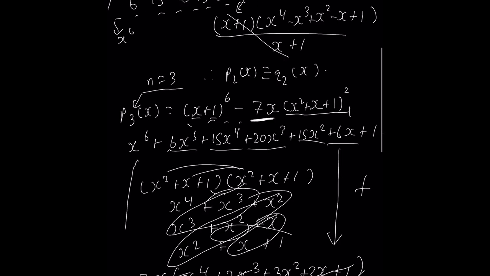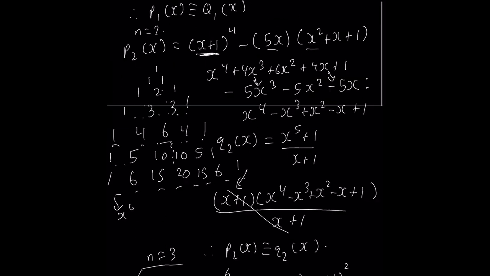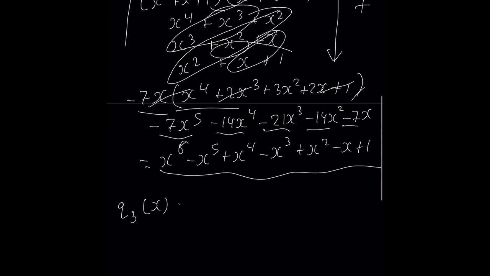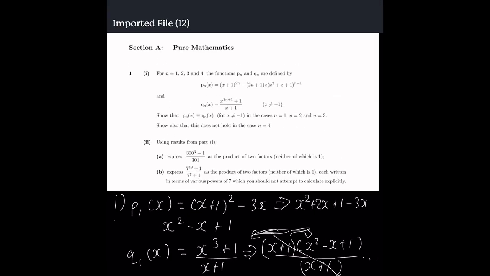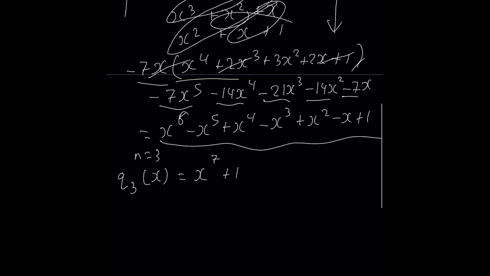Now we need to find Q3 of x and then use a similar trick to what we have been doing. So Q3 of x is x to the 2n plus 1 plus 1, so n equals 3, so 2n plus 1 is 7, plus 1, and then that's all over x plus 1.